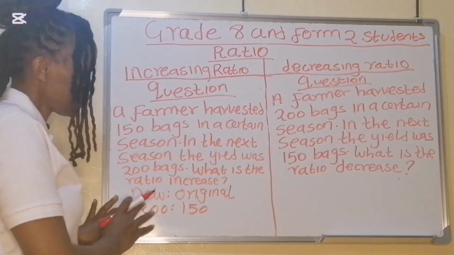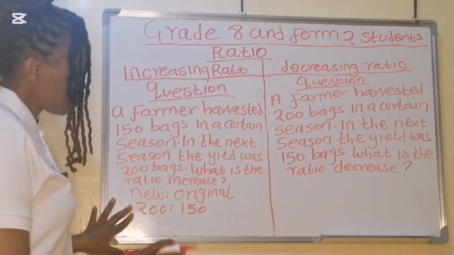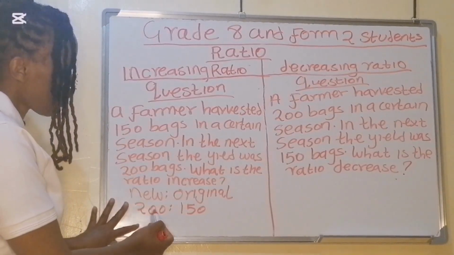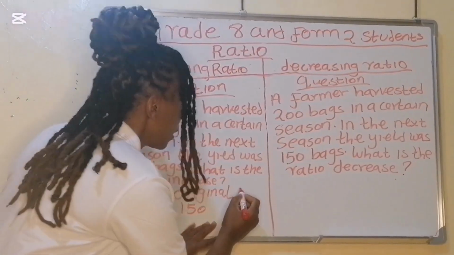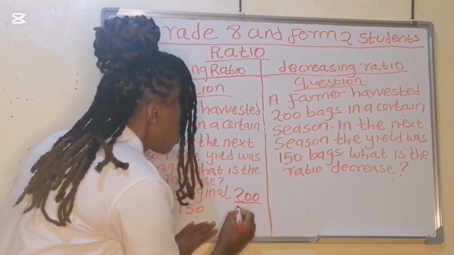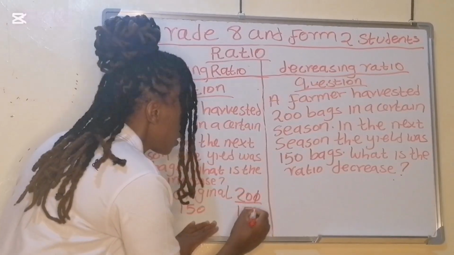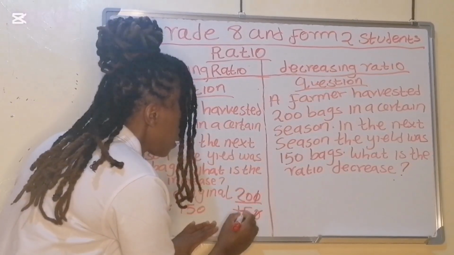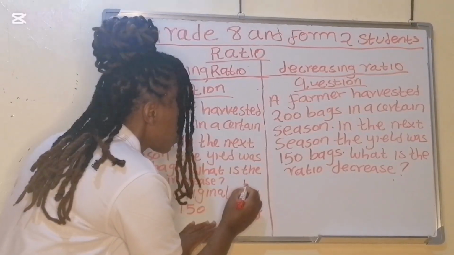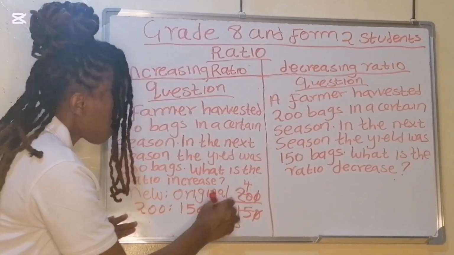I want to simplify 200 is to 150. When you convert this into a fraction, you get 200 over 150. Then you cancel: by 5 it is 3, by 5 it is 4. So you get 4 over 3.